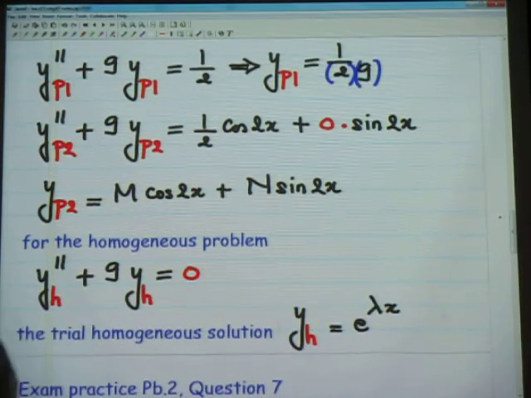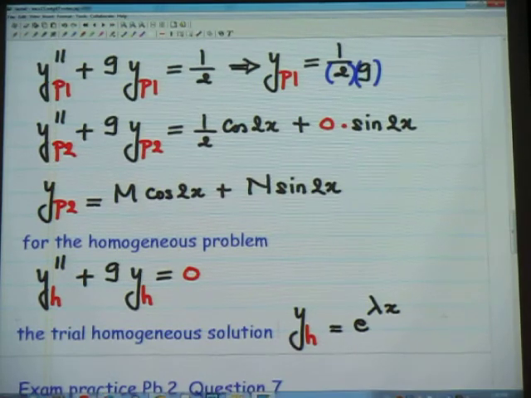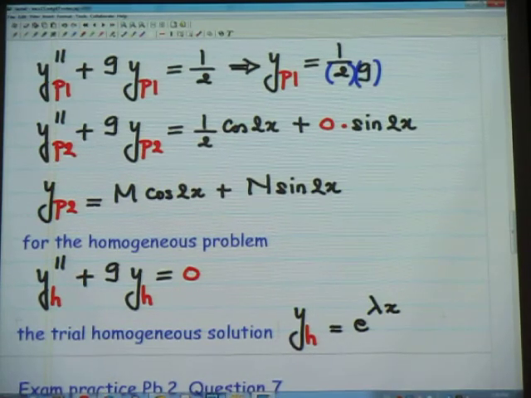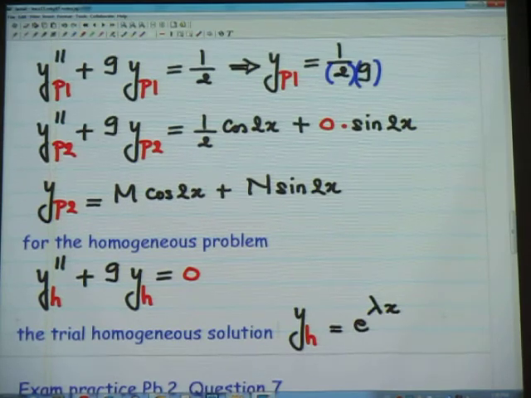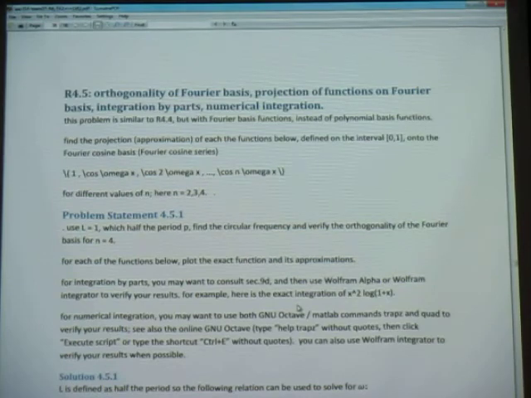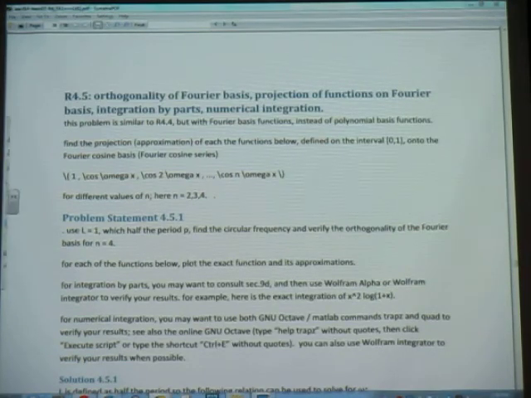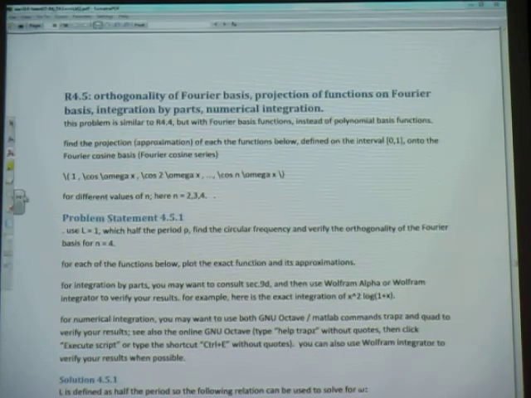Okay. And now I have a few minutes left. How much time? I have 7 minutes. I have enough to make this comment. This is problem 4 that all of you did. Remember that? Yeah, I think I need to run this again.